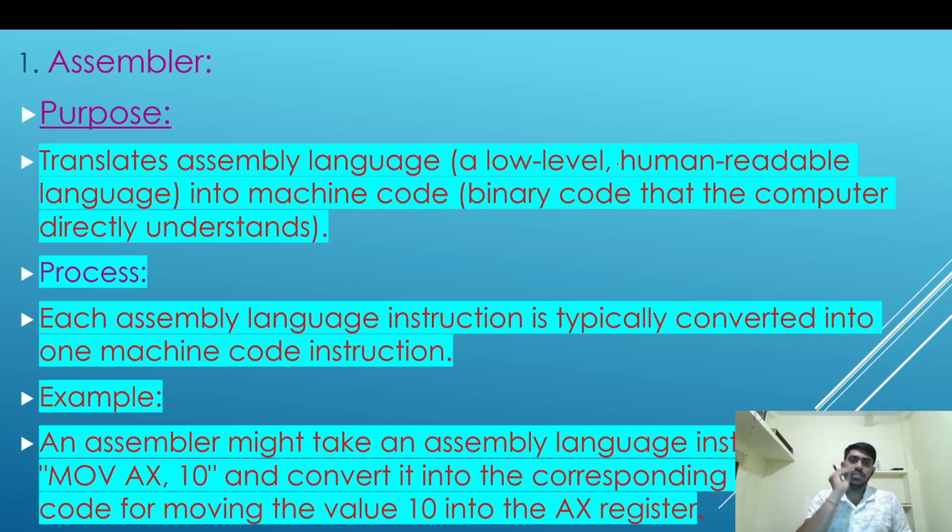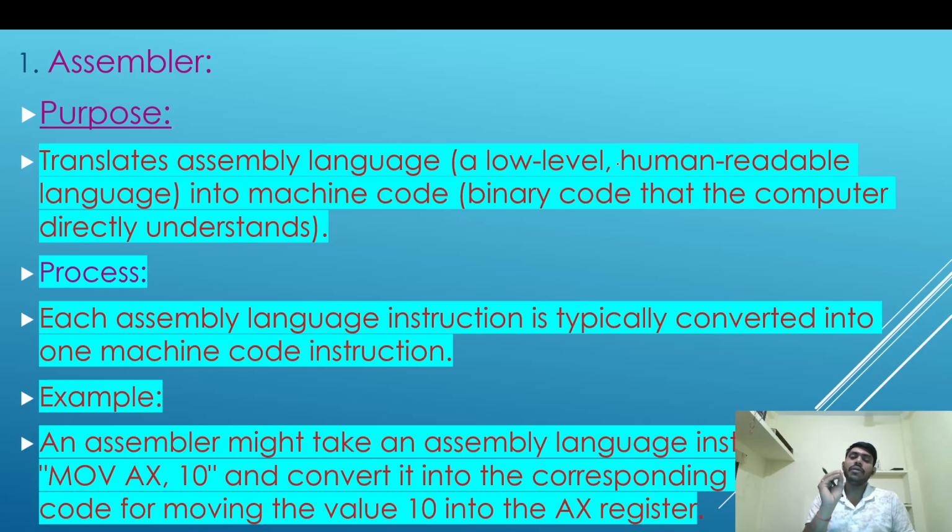Okay, you can see the purpose: translate assembly language, a low-level human-readable language, into machine code. That is called binary code, which the computer directly understands. That's the purpose. Process: each assembly language instruction is typically converted into one machine code instruction.